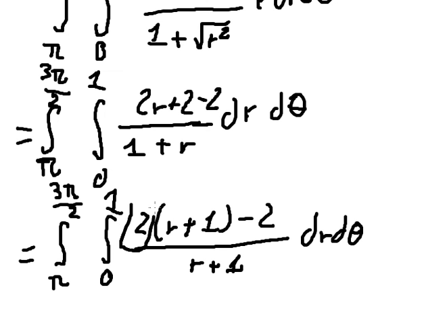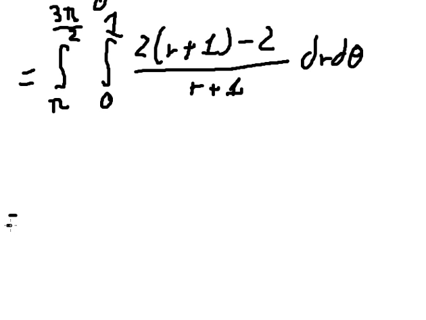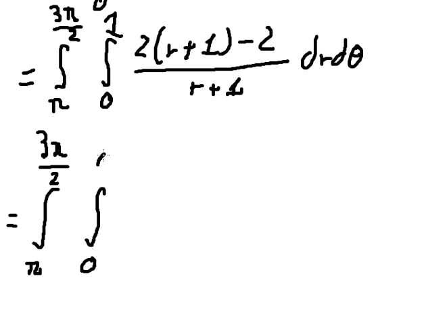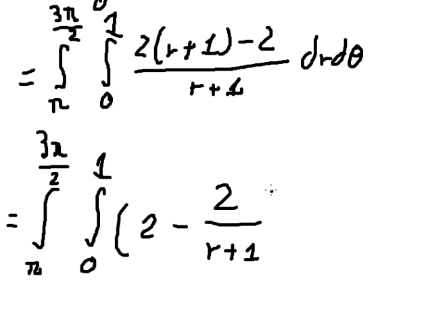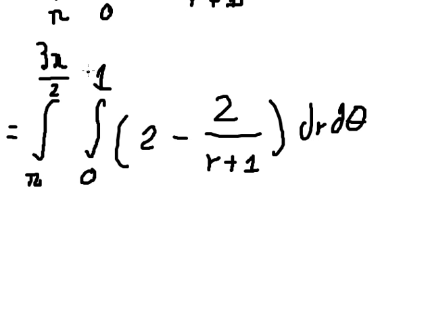So we have 2 here. So we have 2 minus 2 over r plus 1 dr d theta. And now we need to find this integration here.